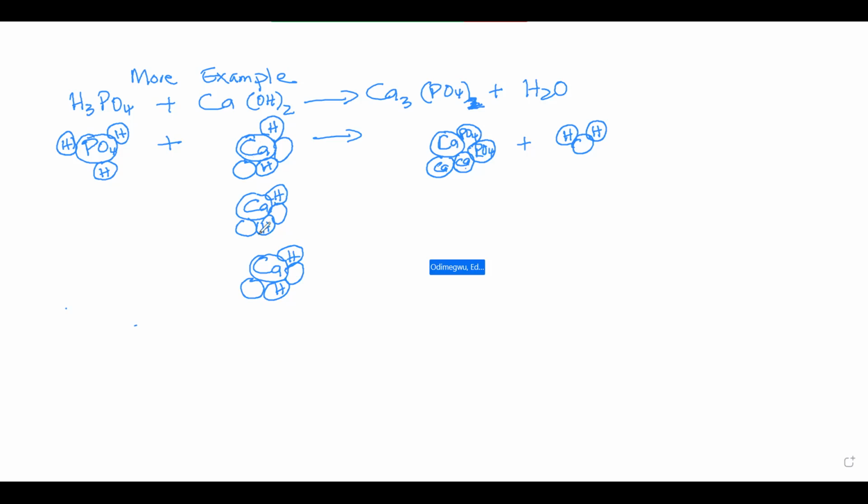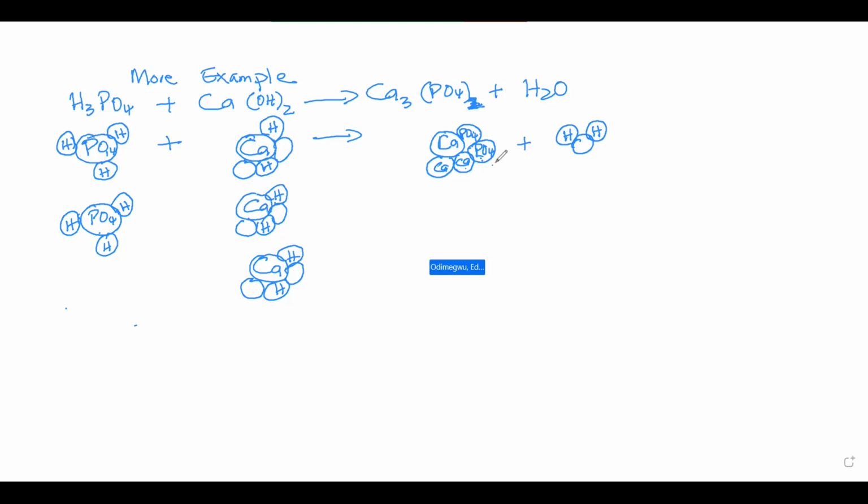Now, phosphate. There are 2 phosphates here. There's 1 here. So we add another set of this. Remember, this is not the true structure of these substances. We just want to represent something that will help us to count so as to balance the equation. Okay, now we have phosphate, 2 of them here, 2 of them here.